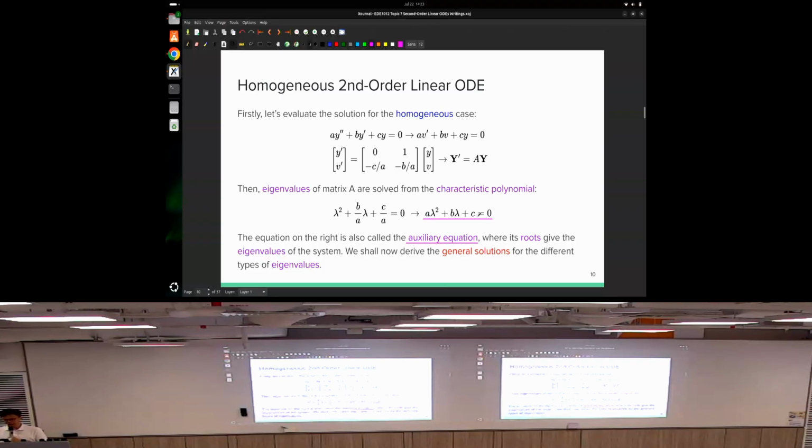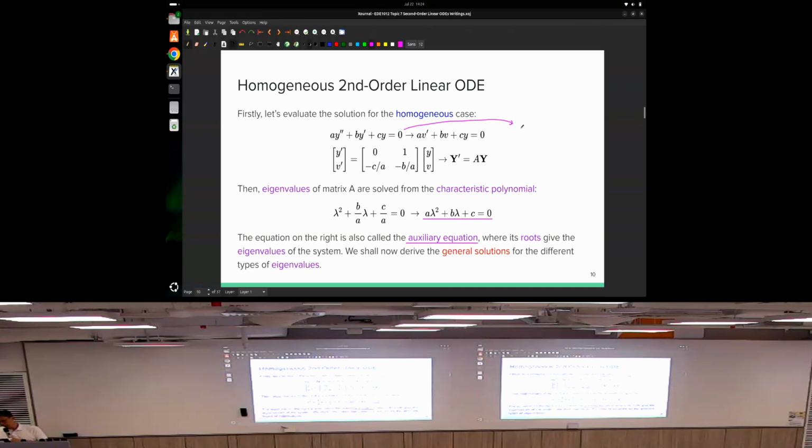How do you get the auxiliary equation? Very simple. You don't even need to do the conversion from second to first order system. What you will do is just look at the original ODE. This is the original ODE.